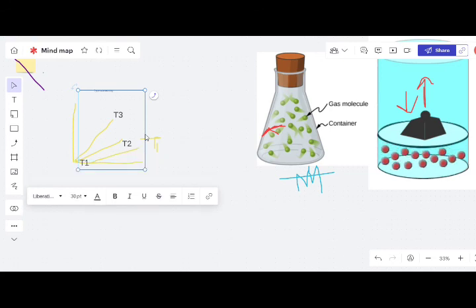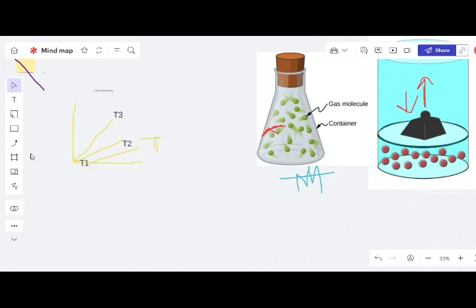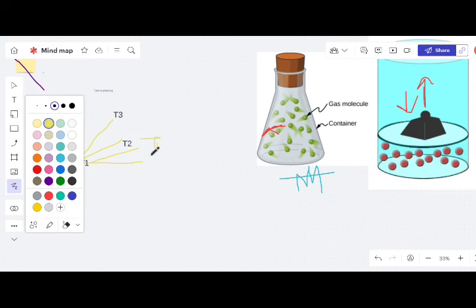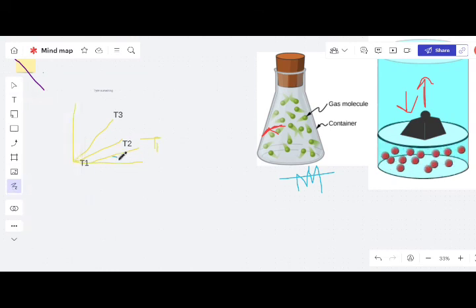I'm sorry, I was mistaken. So this is T1, T2, and T3. This is theta 1. We know that the slope means tan theta, then theta 2, and theta 3 here.